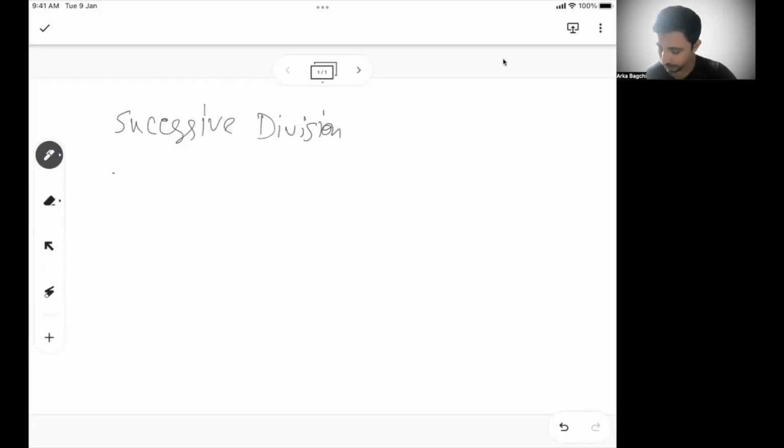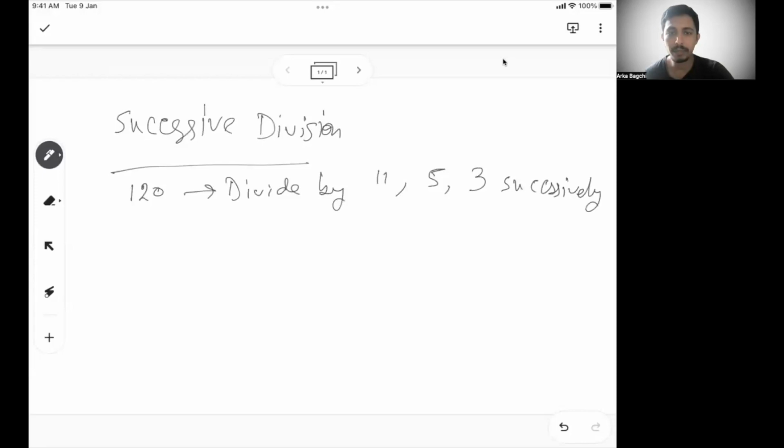So successive division. Let's say the number is 120, and you divide the number by, let's say, three numbers: 11, 5, and 3. But successively, not 120 by 11, 120 by 5, and 120 by 3.